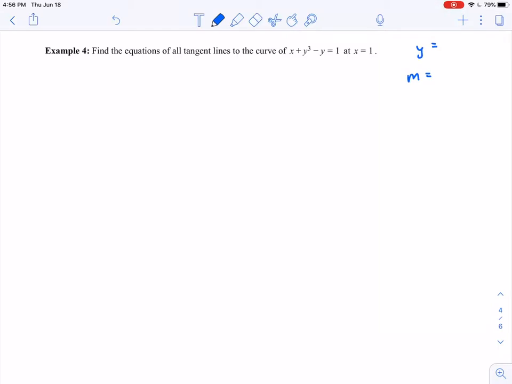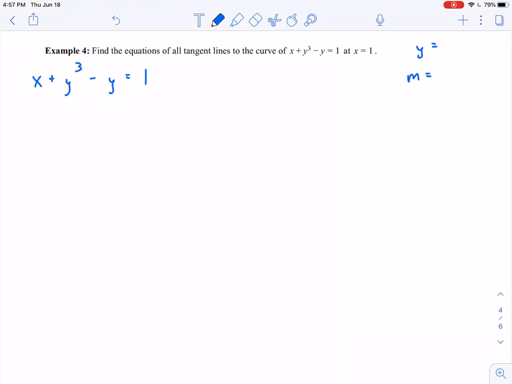I really want to focus in on finding the derivative using implicit differentiation, this new tool that we have. So over here I've got x plus y cubed minus y, that's equal to 1. I want to take the derivative of this.